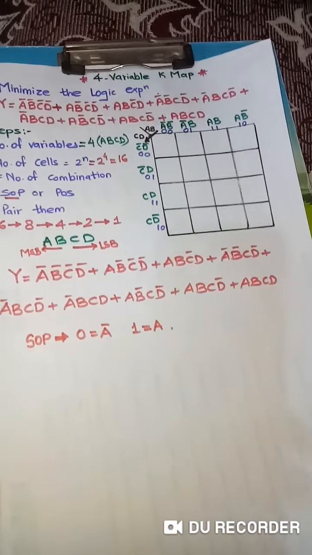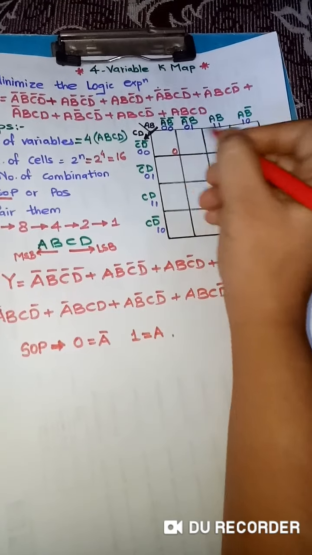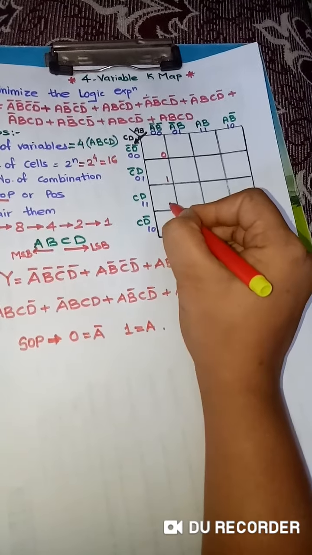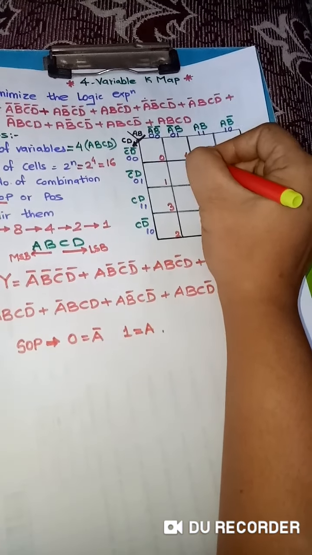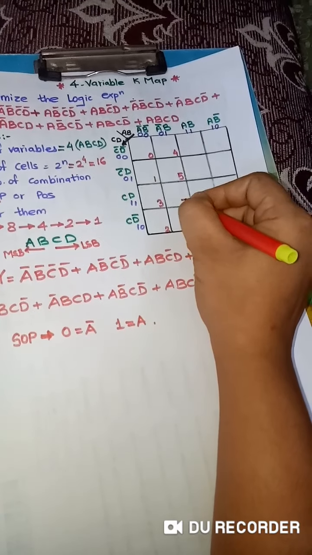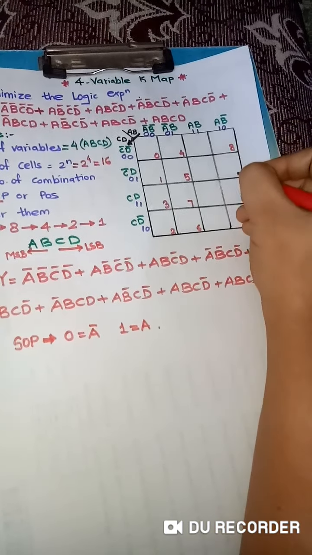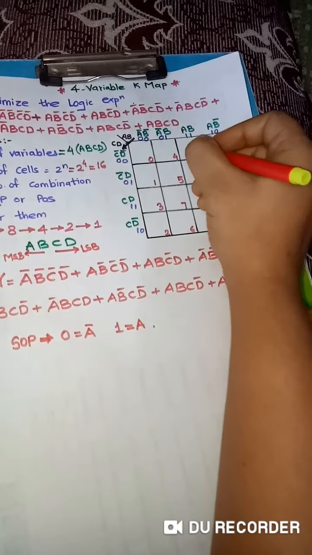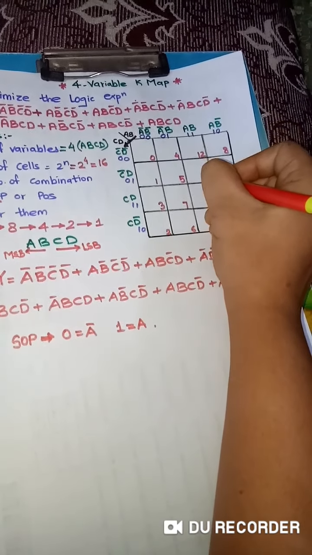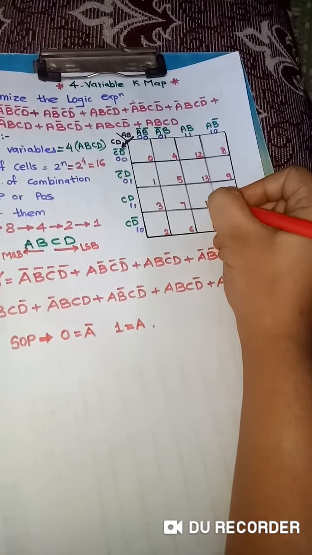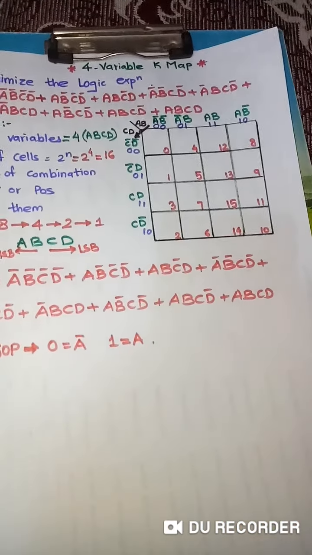We number them 0, 1, 2, 3, 4, 5, 6, 7, 8, 9, 10, 11, 12, 13, 14 and 15. So these are the 16 blocks we have.